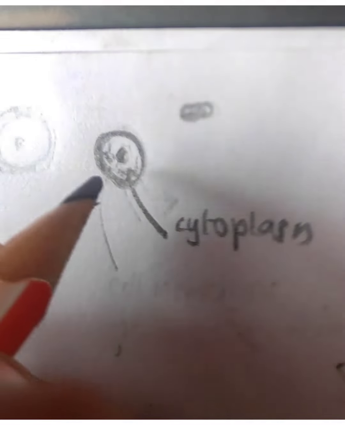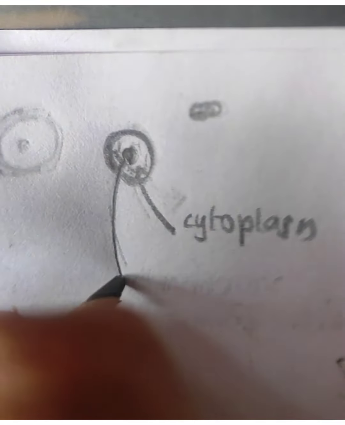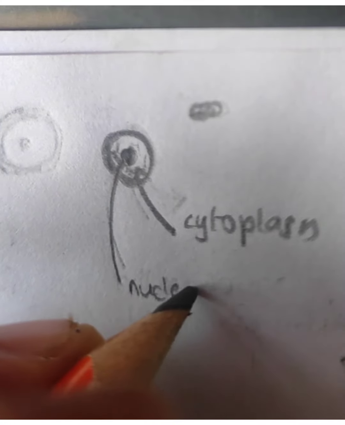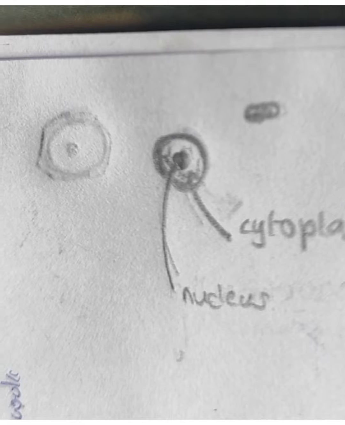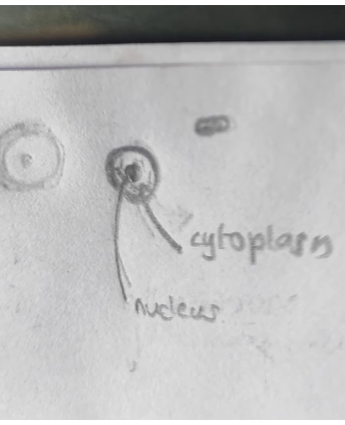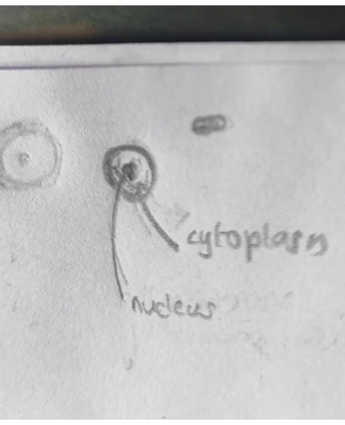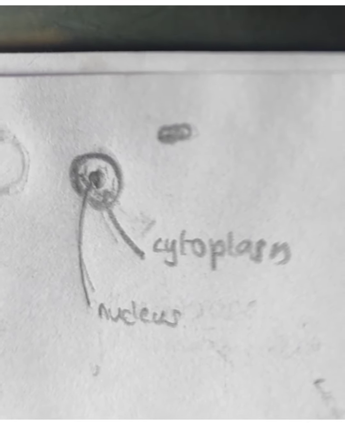Nucleus. Nucleus is the organelle that is present mostly in the center. This is the nucleus. Note the spellings. Nucleus is the main organelle in the cell. It is the main one. It is surrounded by a nuclear envelope. So we say envelope is a covering, right?